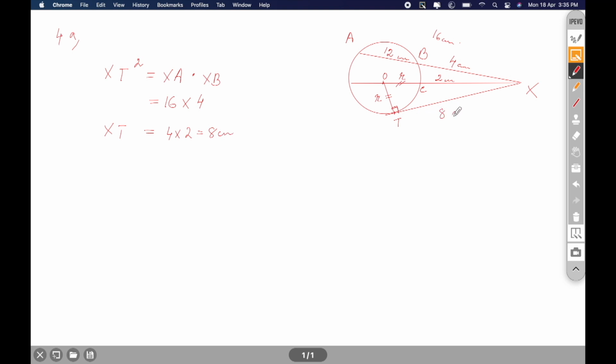So we have 8 centimeters here. Now in triangle OTX, we know that angle OTX equals 90 degrees. Please state the theorem. The radius is perpendicular to the tangent at the point of contact.